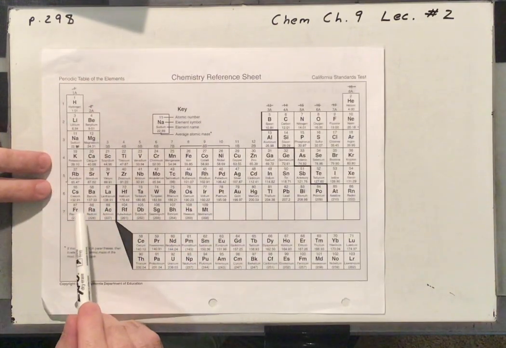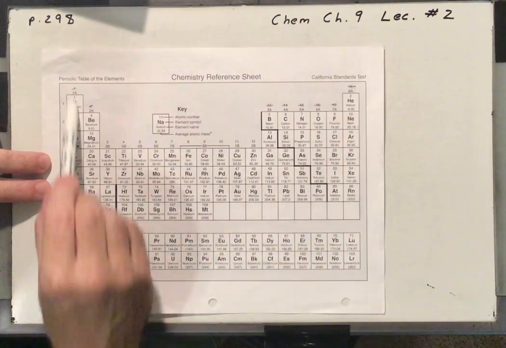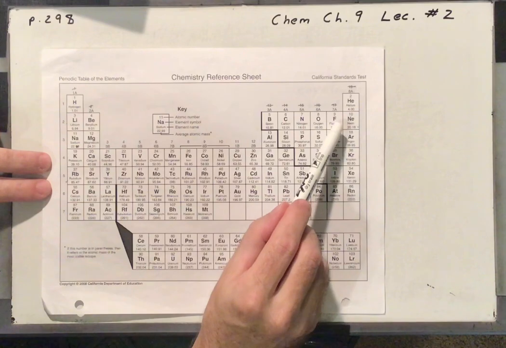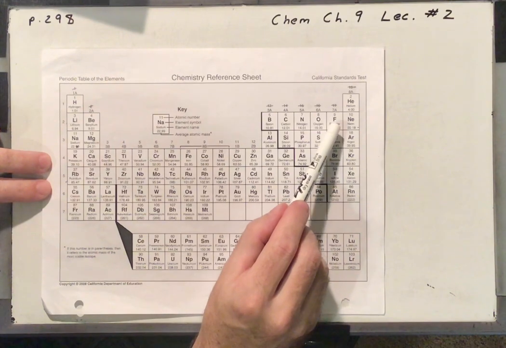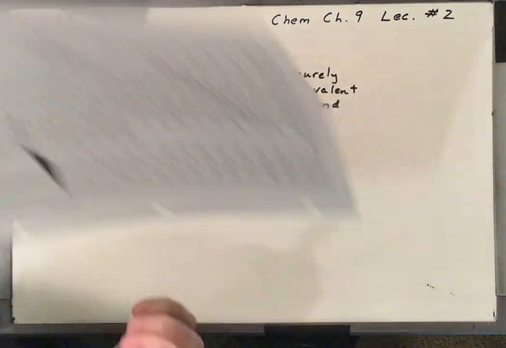Well, electronegativity, the highest is up here in the corner with fluorine. So as you go up and over to the right, the electronegativity, or desire for other atoms' electrons, increases. So oxygen has a way higher electronegativity than hydrogen over here.